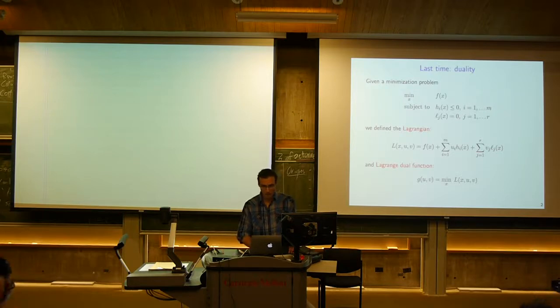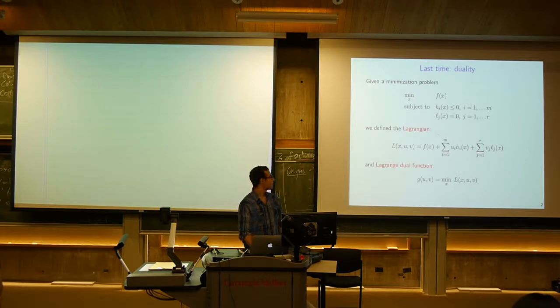It was the idea that we started with an arbitrary minimization problem, not necessarily convex, just one in a generic form for the moment. And we formed something called the Lagrangian, which was a function of our primal variable x and dual variables u and v, with one component for each of the constraints in our primal problem.